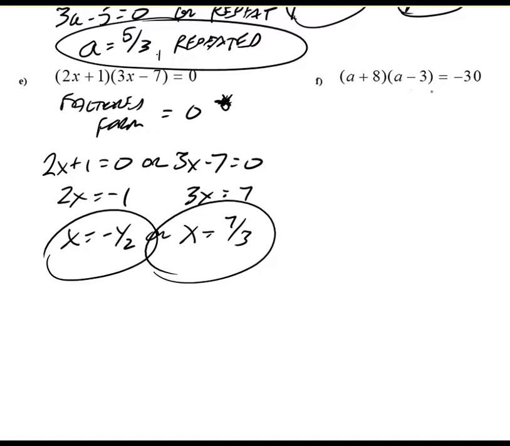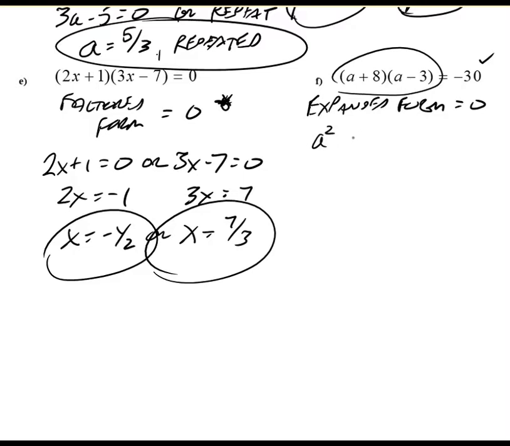The next problem, F, you notice we're in factored form again, but it's equal to -30. So it's not in the form that we want to solve, so we want to write this in expanded form equaling 0. So if I expand the left side, I get a squared.